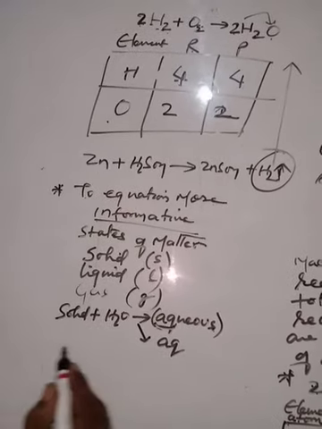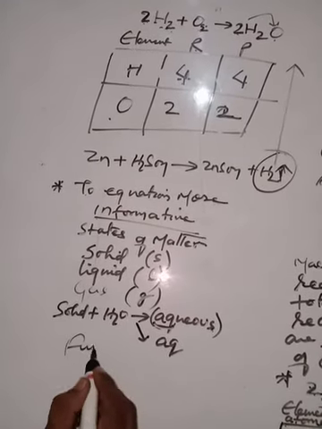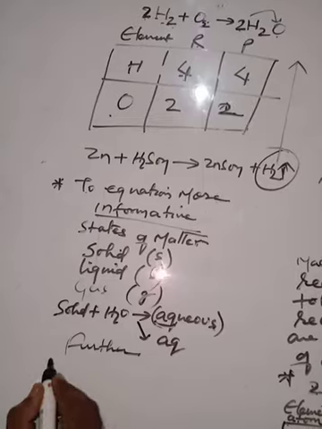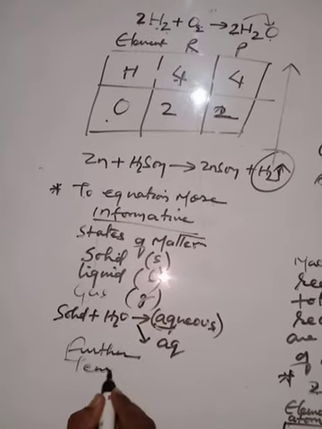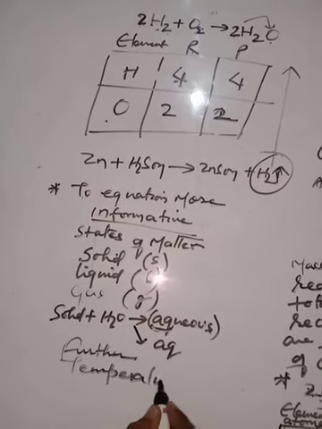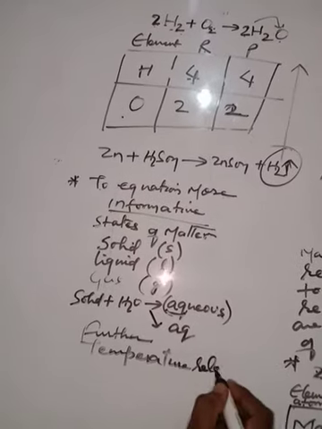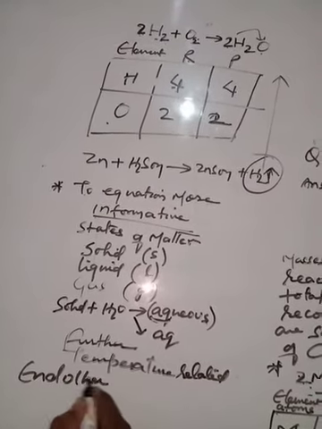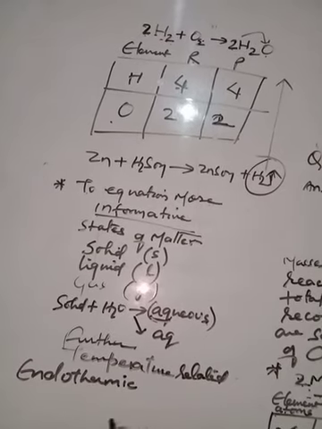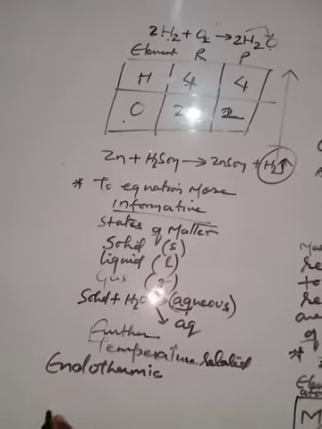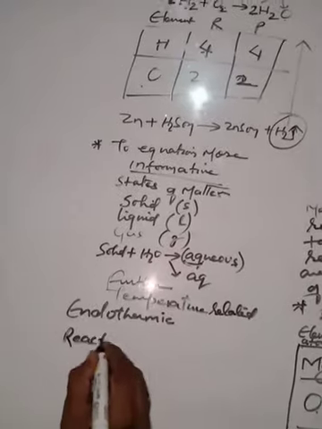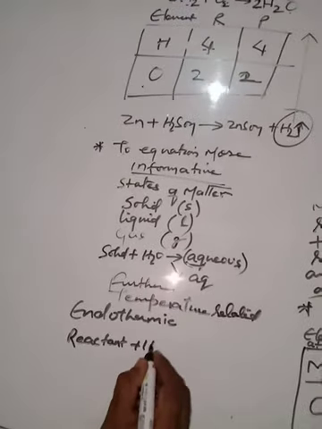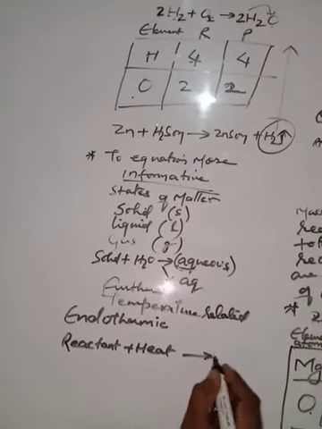Then if the reaction is further temperature related, if an endothermic reaction is there in which energy is being required, then we write reactant plus heat then product.